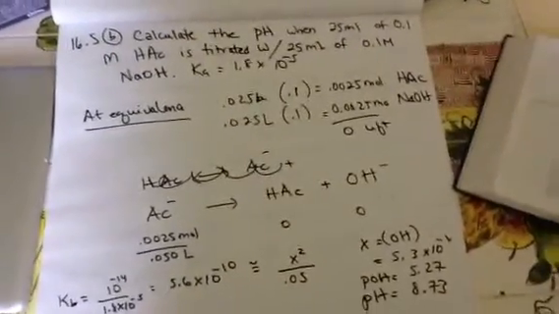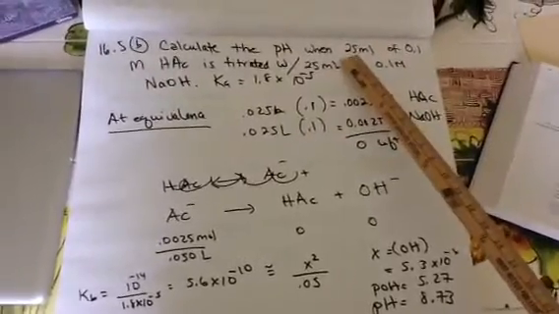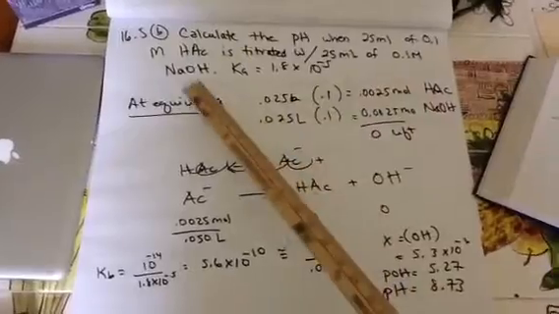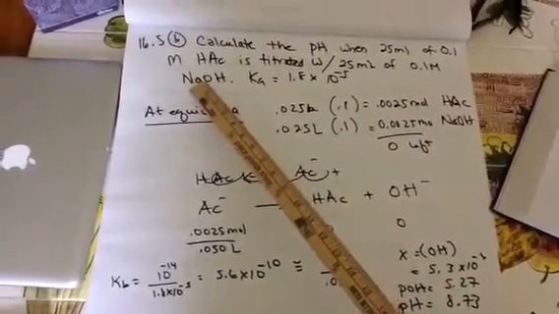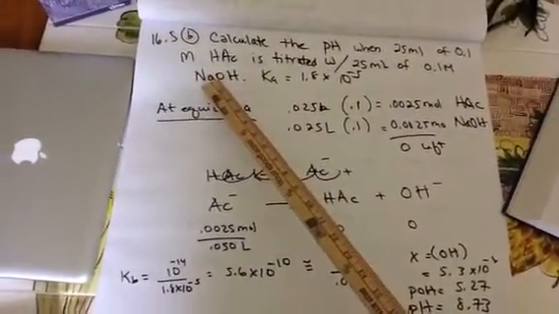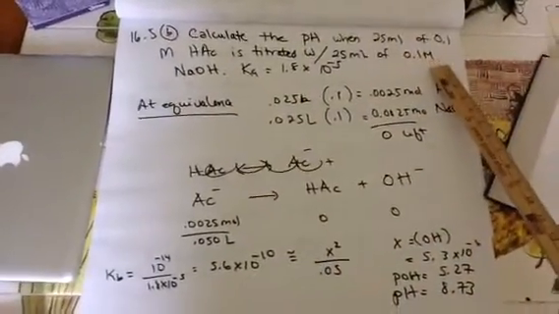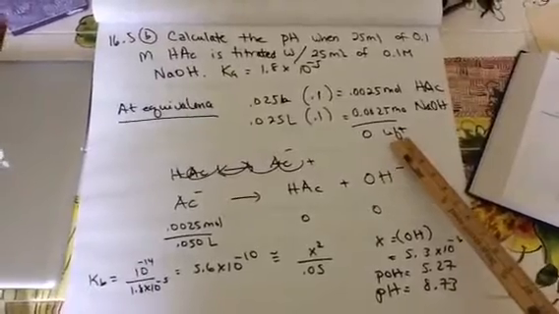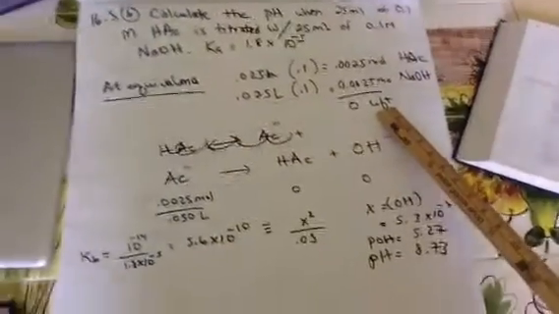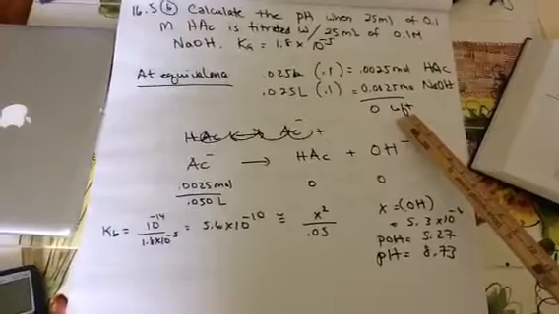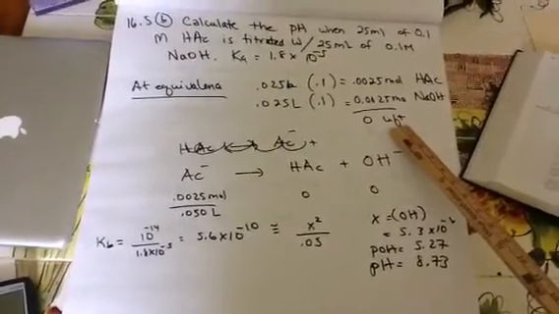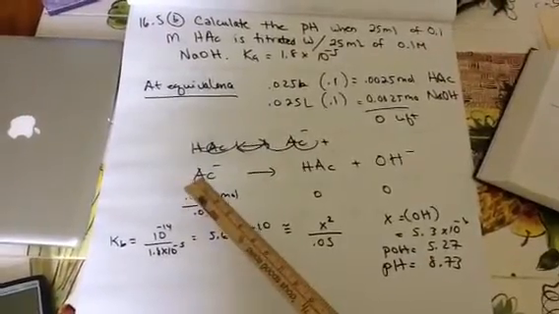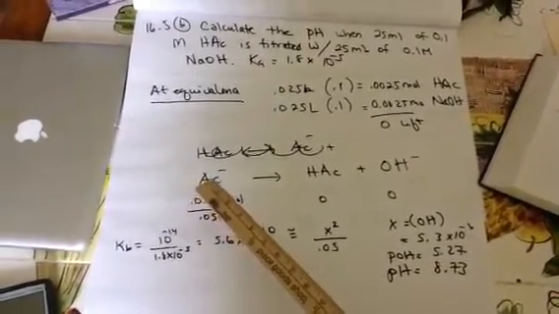Since my concentrations and volumes are the same, you can see you're at the equivalence point. There's nothing left. All the acid has been reacted with the base. And so now I have the conjugate base left in my solution, not conjugate acid.